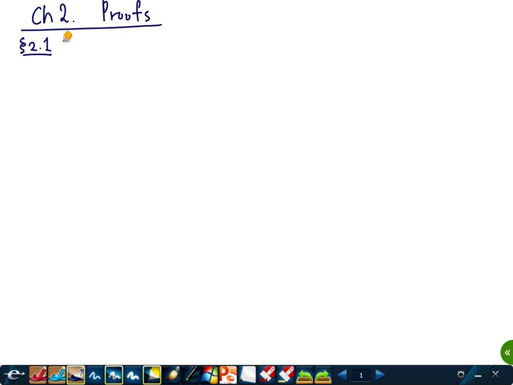The first section, 2.1, mathematical systems, direct proofs, and counterexample.